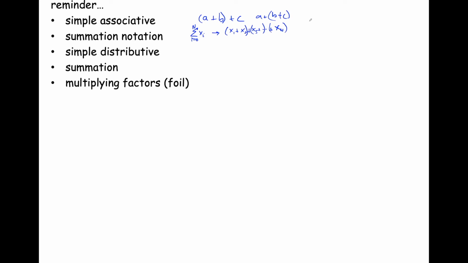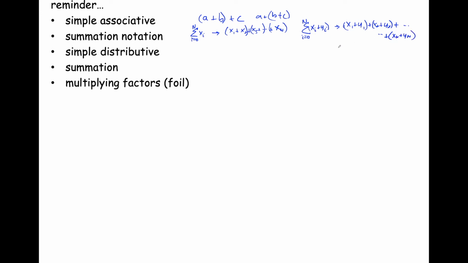Let's take a look at another type of summation. Let's say i goes from 0 to n, and we said xi plus yi. And so in that particular case, we have the following expression: x1 plus y1 plus x2 plus y2 plus and so on, all the way up to and including xn plus yn.